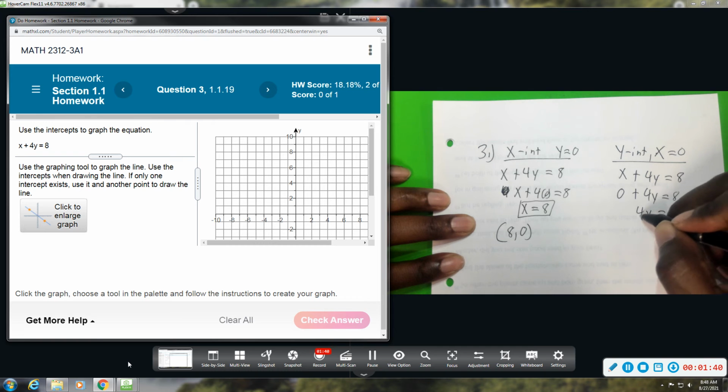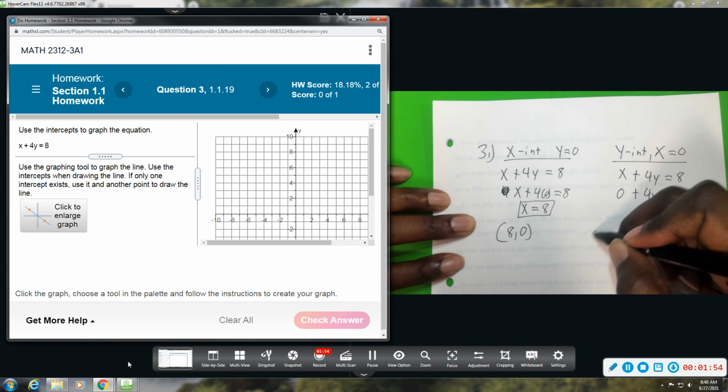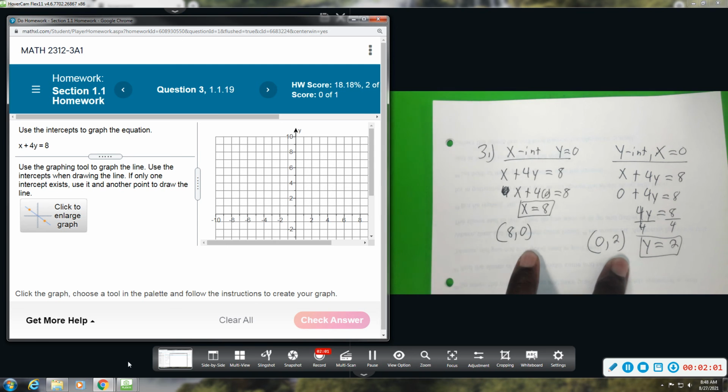This is 4 times y, so to get rid of it, we have to divide by 4. 4 divided by 4 is 1, so that leaves us with y equals 8 divided by 4, which is 2. As an ordered pair, this time x was 0, and the y value came out to be 2. So now that we have 2 points, we can graph this equation.